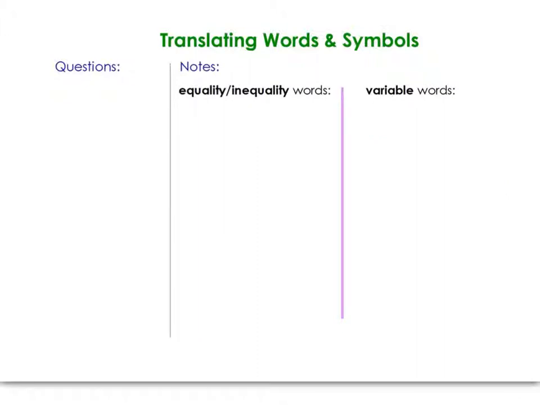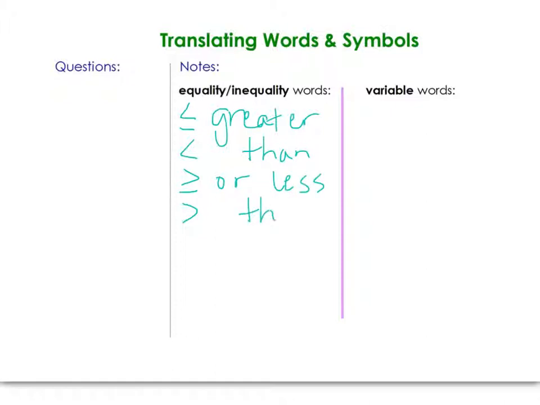Well, now I have some words that mean equality and inequality. So think about greater than or equal to, or greater than, less than or equal to, or less than. So whenever I see a word that means equality, it's going to have the word is next to it.